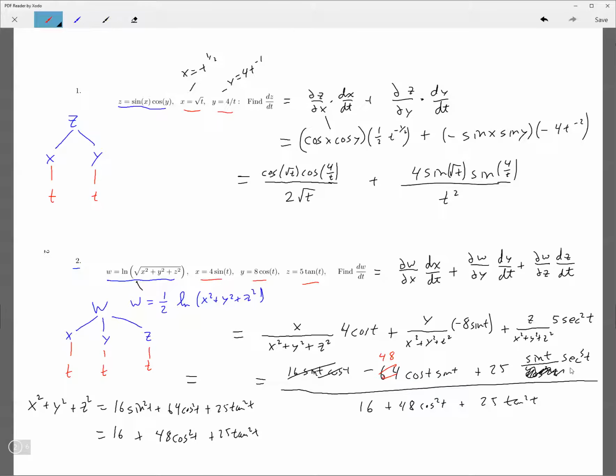Do we add the denominator as well? Yeah, all over the denominator. This is really nasty.